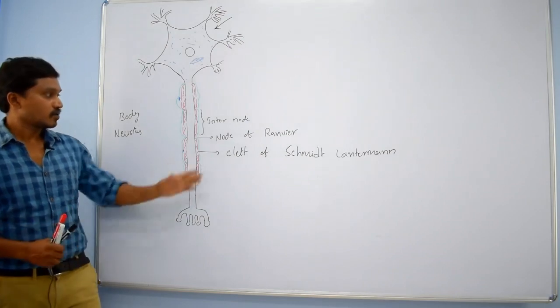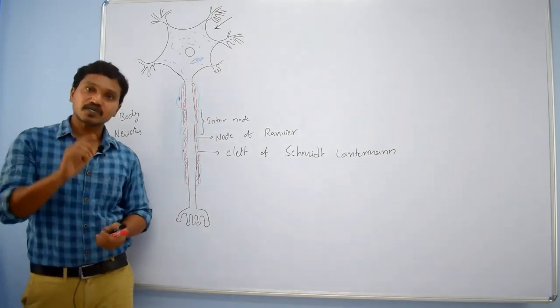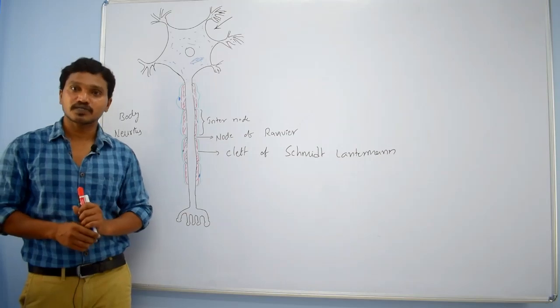Clear? Then, what are the different types of neurons which are present in the nervous system?